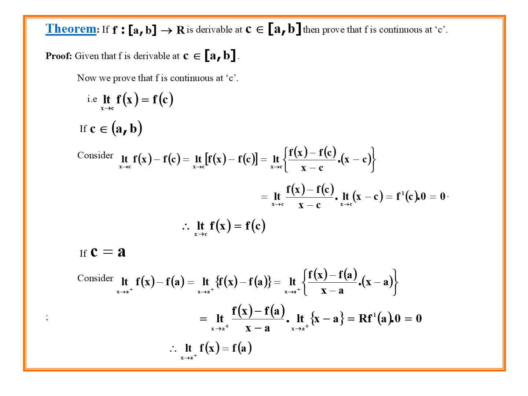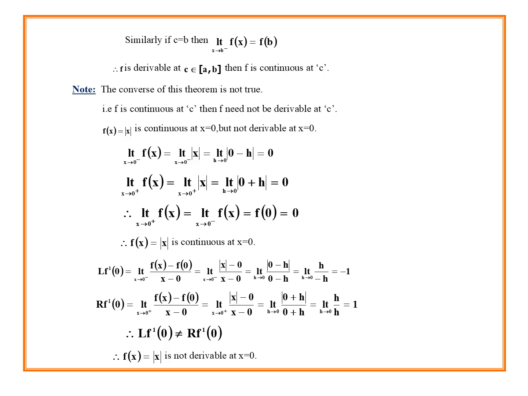Limit x tends to a+ (f(x) - f(a))/(x - a), limit x tends to a+ (x - a). This is nothing but the right hand derivative, which means Rf'(a) into this, which is 0. That entire value becomes 0. Therefore, limit x tends to a+ f(x) is equal to f(a).